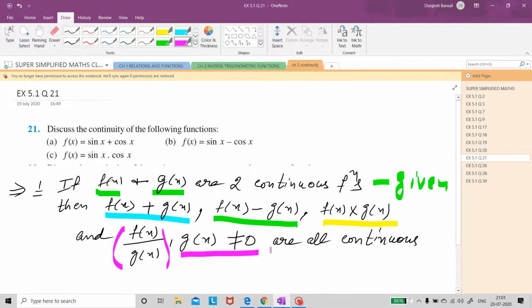This condition g(x) is not 0 is applicable only for rational functions.